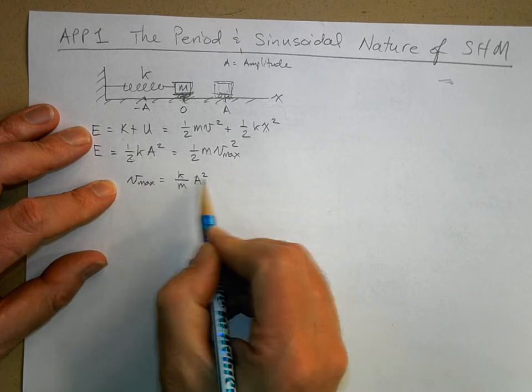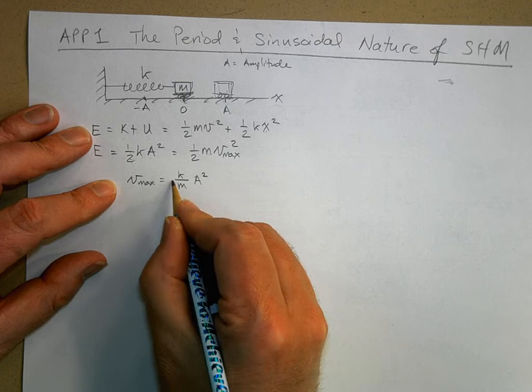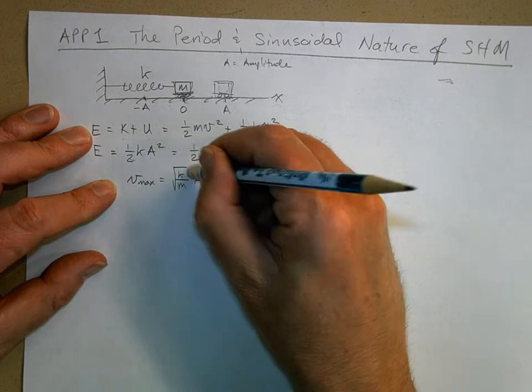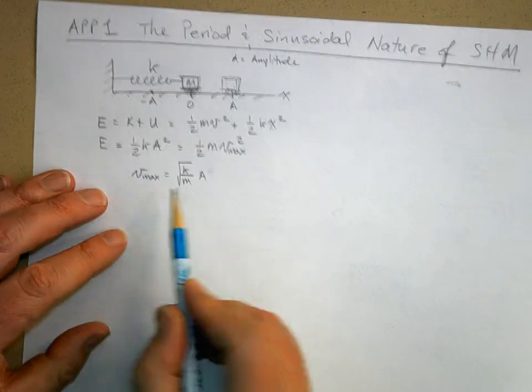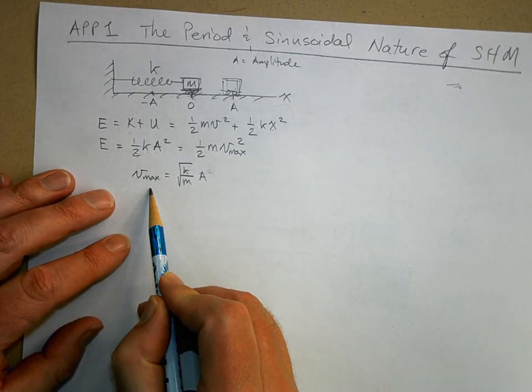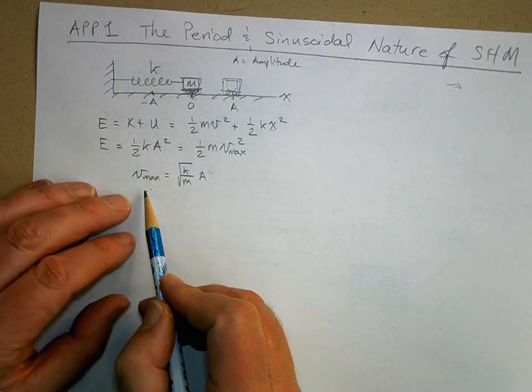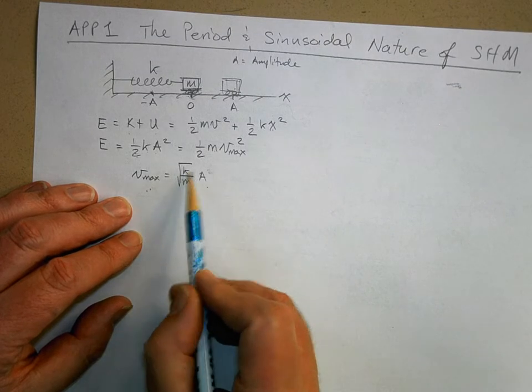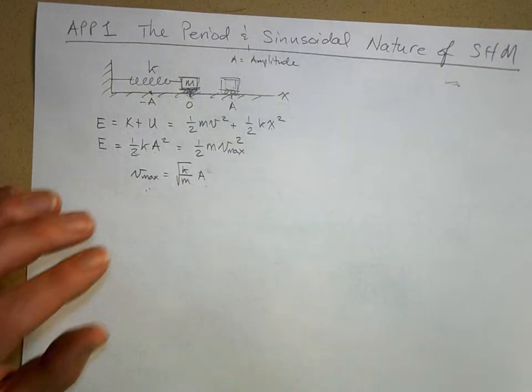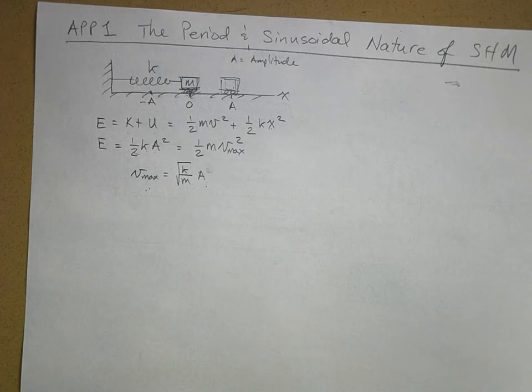The 1/2s went away, and then I have to take the square root, and that just makes the square go away. So look, the maximum possible velocity is going to be equal to our amplitude times the square root of the spring constant over the mass. Now this is a big deal. We're going to talk about this later.